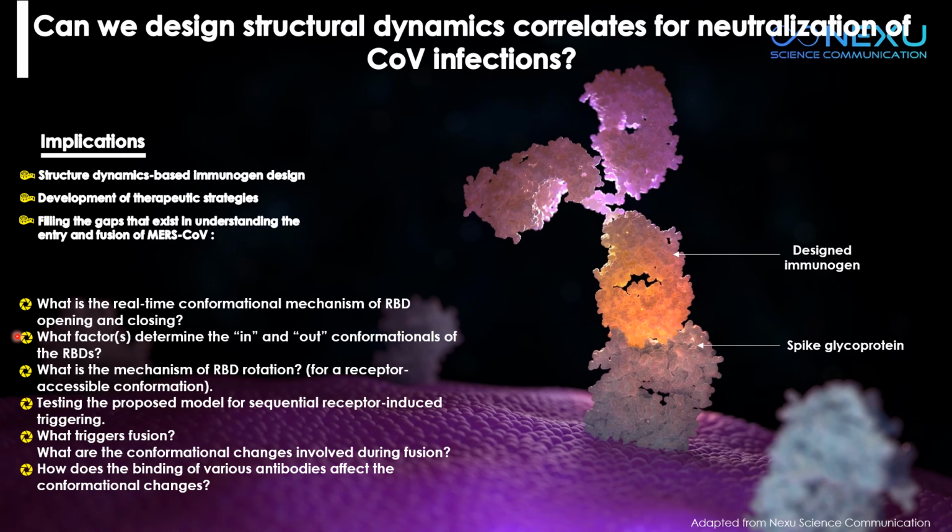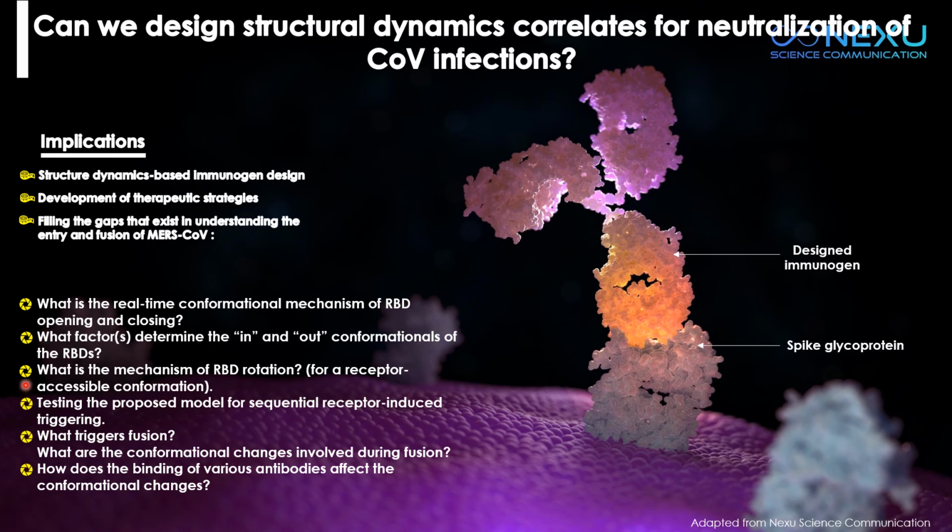Like there will be a 50-50 chance of the spike protein encountering a neutralizing antibody or encountering the receptor. So that is something the virus will not like, because it has to make sure that encountering the receptor when the RBD is open is more probable than encountering neutralizing antibodies.